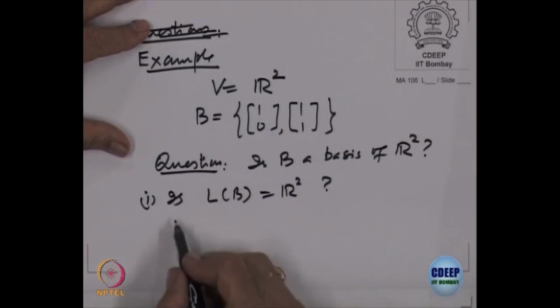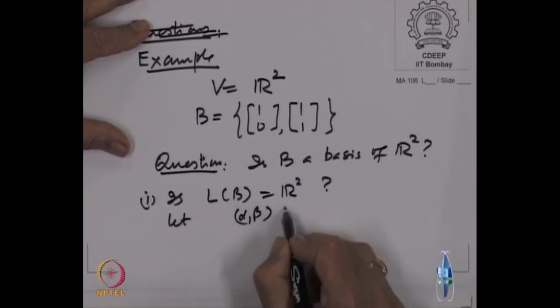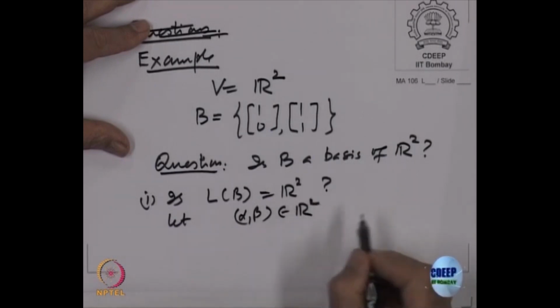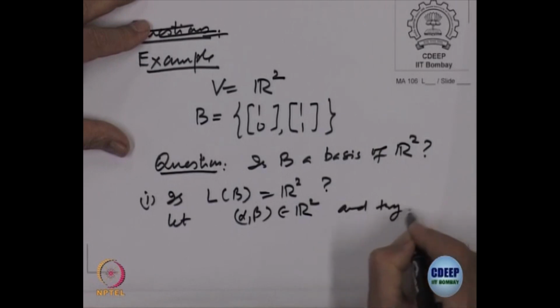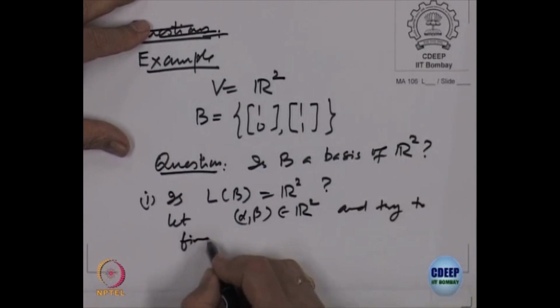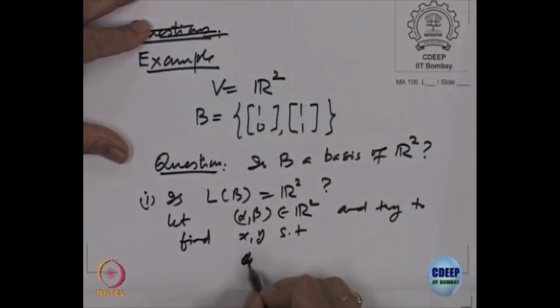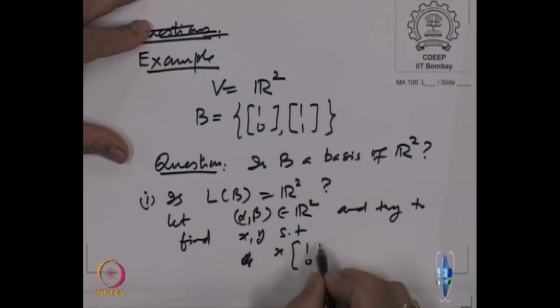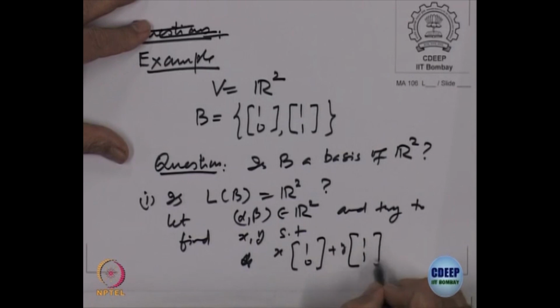So, let us take alpha, beta belonging to R 2 and try to find x and y such that x of 1 0 plus y of 1 1 is equal to alpha beta.